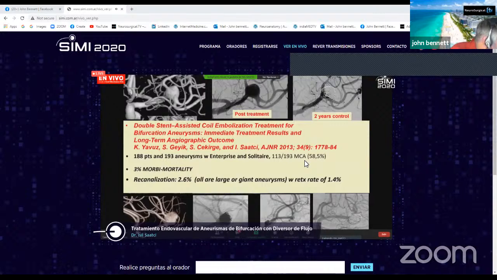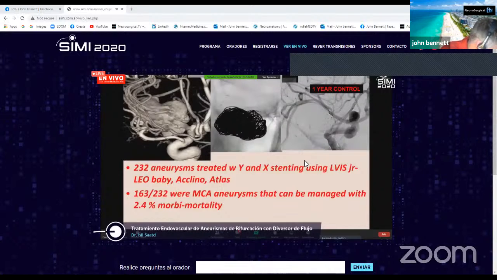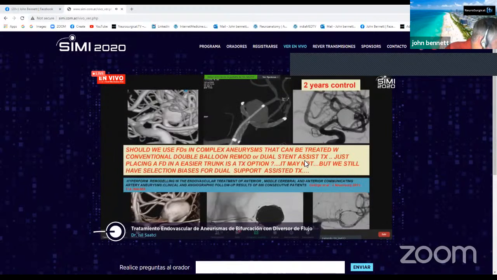And after the introduction of the lower profile stents, it became easier and safer, and we treated many complex bifurcation aneurysms as well. But are we going to continue to do such complex treatments, or do we switch to use flow diverters in large neck, wide neck aneurysms at the bifurcation?